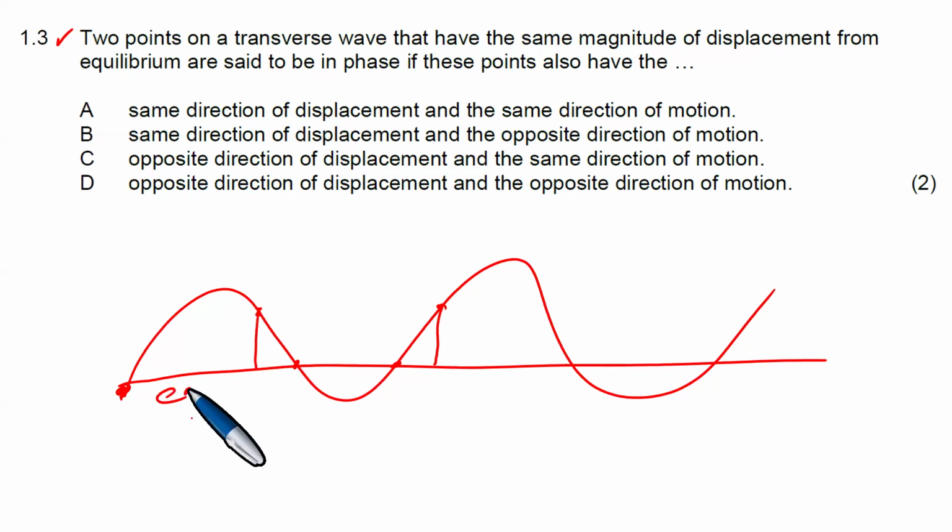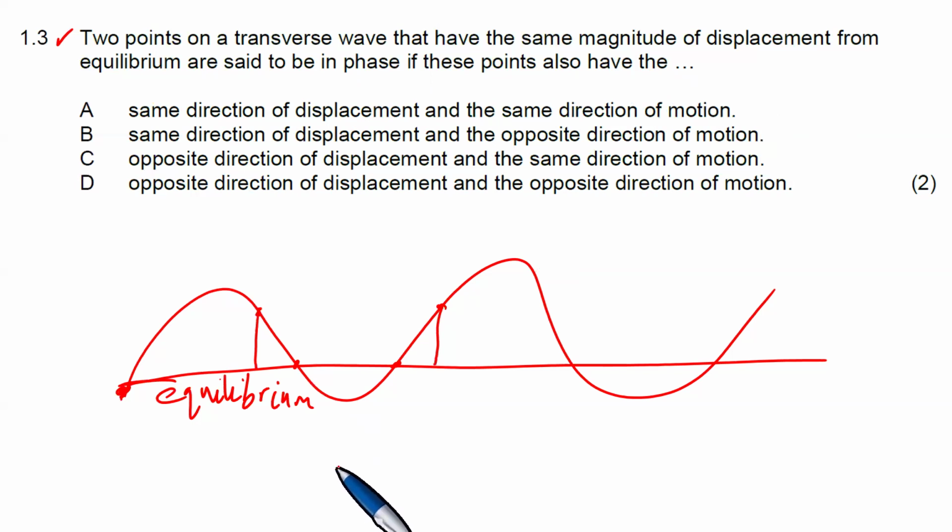Okay, because this is equilibrium. So we're saying 2 points on a transverse wave that have the same magnitude of displacement from equilibrium are said to be in phase if these points have the what?